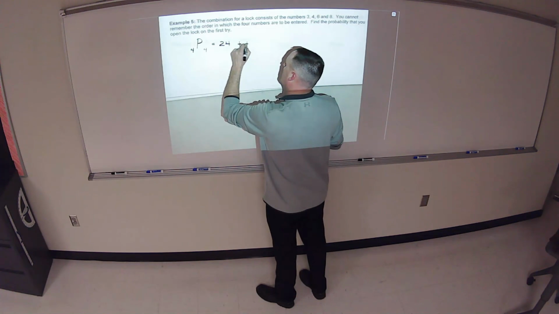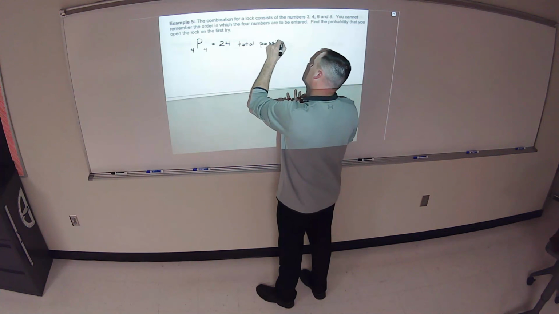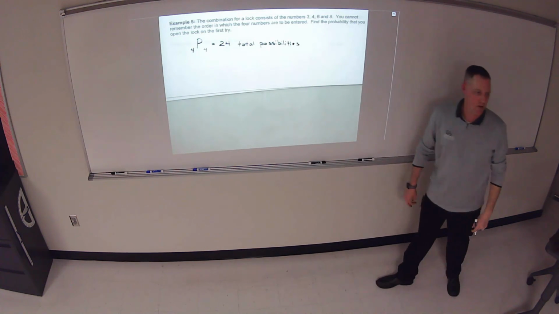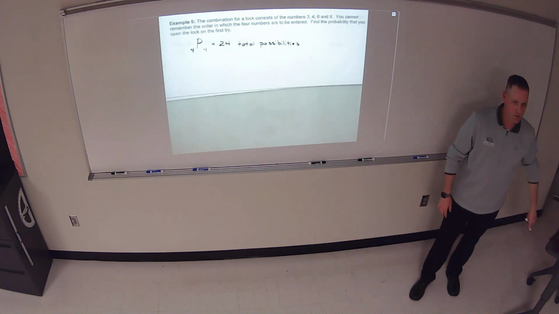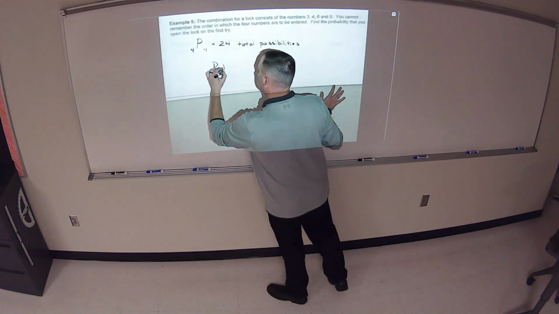This represents total possibilities. How many of those did we say were successful? 1. So our probability should be 1/24.